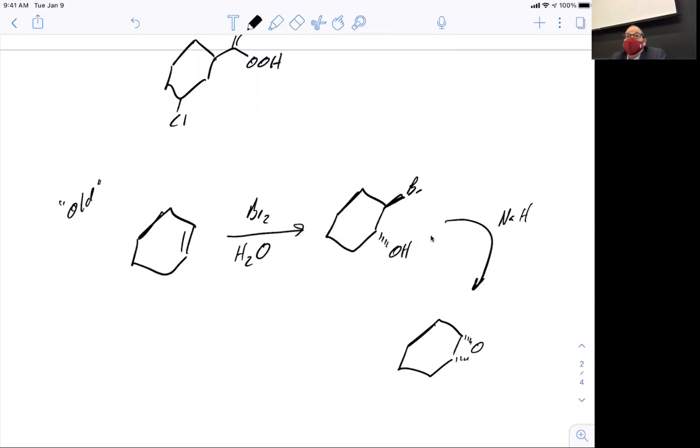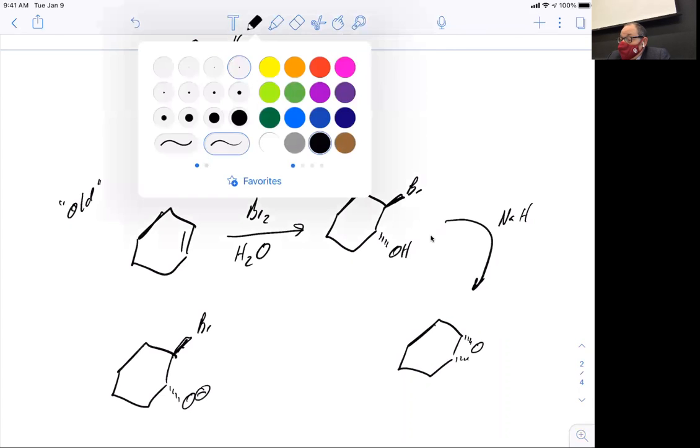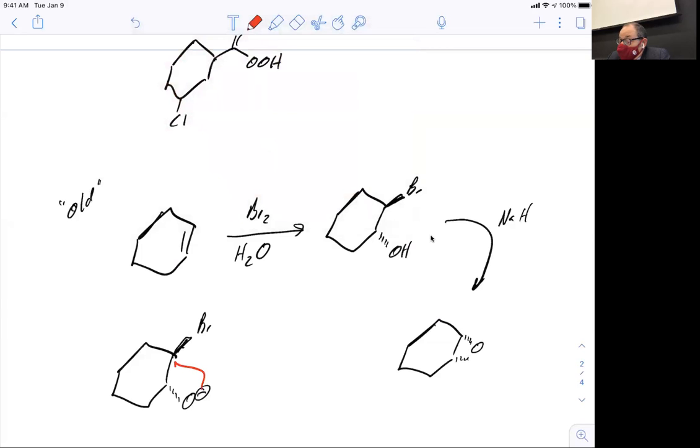So if we deprotonate that oxygen, the oxygen is set up perfectly for backside attack. All right, so if we deprotonate that, we are set up for this to come in here to give us our epoxide. So we know two ways to form epoxides.